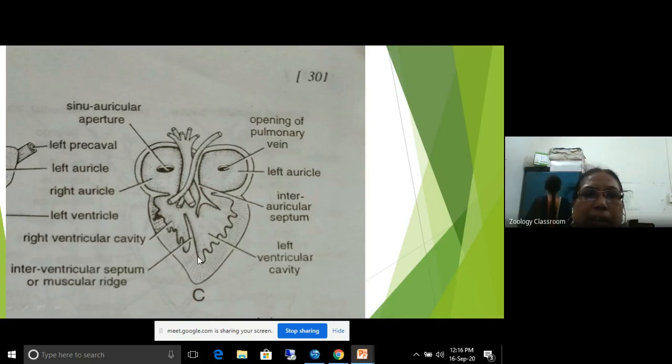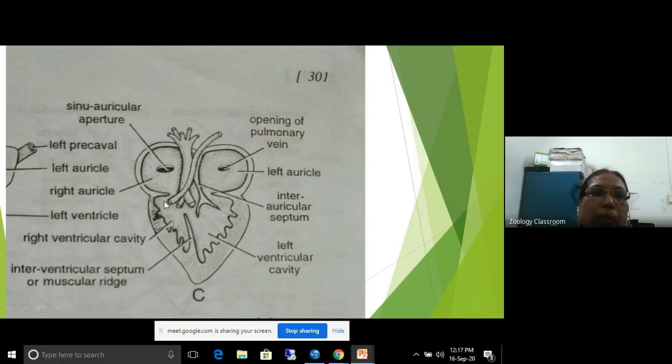The ventricle is thick and muscular, and these are the muscular ridges. Blood from the left auricle is poured into the left side, and blood from the sinus of the right auricle into the right side of the ventricle. Due to this muscular ridge, mixed blood is supplied towards the body parts. These are the systemic aorta, and the pulmonary aorta is also formed.